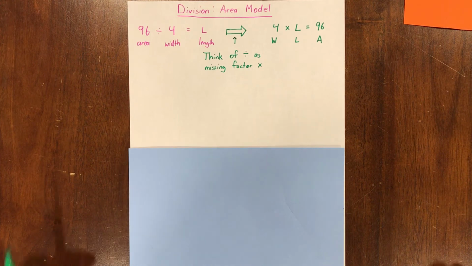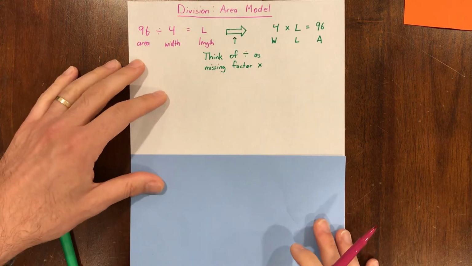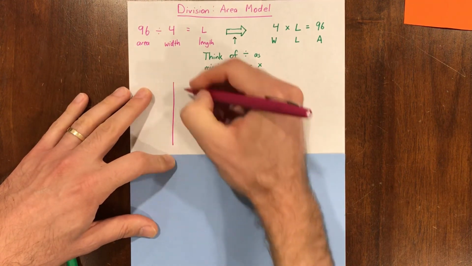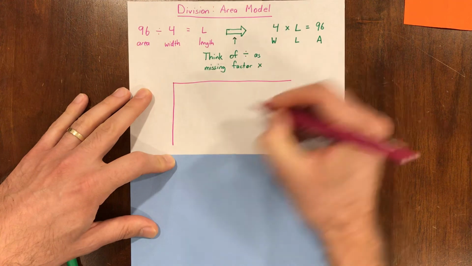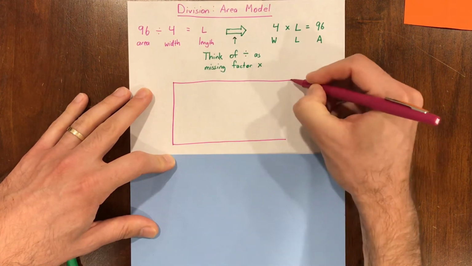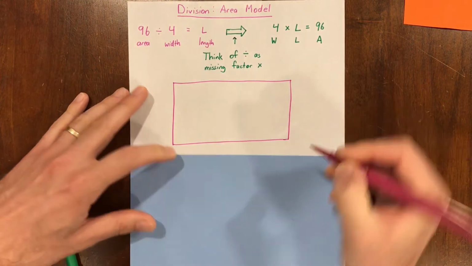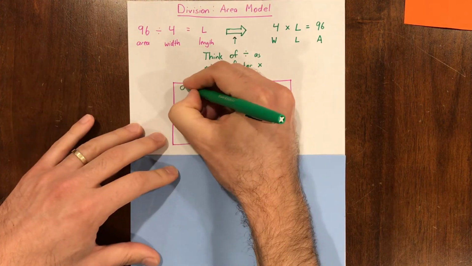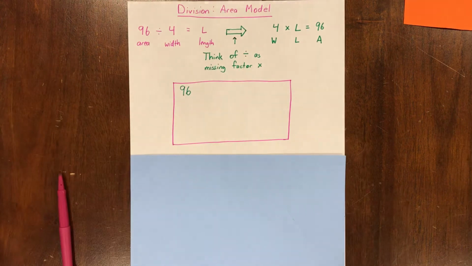So what I'm going to do, I'm going to draw us a rectangle to work with here. And then I'm going to write that dividend right inside it, because that's the area of the rectangle.